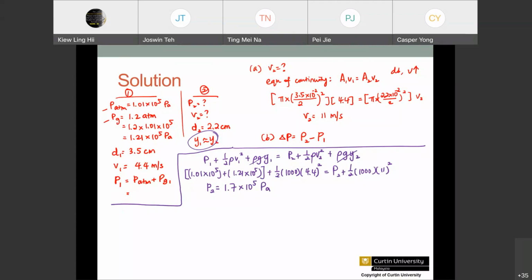P1, when you add these two together, you get 2.2 times 10 to the power of 5 Pascal. So compare P1 and P2. P1 in fact is higher than P2. P2 is lower.